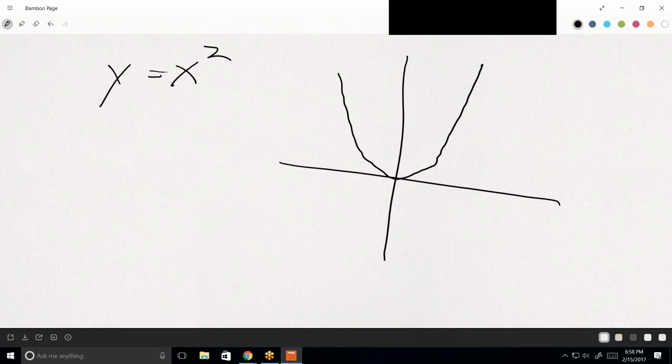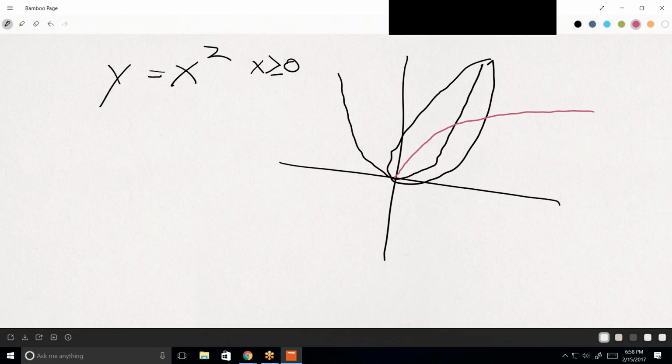So if I want to talk about the inverse of this function, I've got to restrict the x's to be greater than or equal to 0, which is just this part of it. And when I reflect just that part of it, I get the same as the square root function. And the square root function is indeed the inverse of x squared.